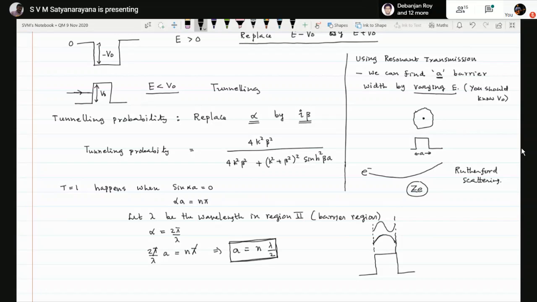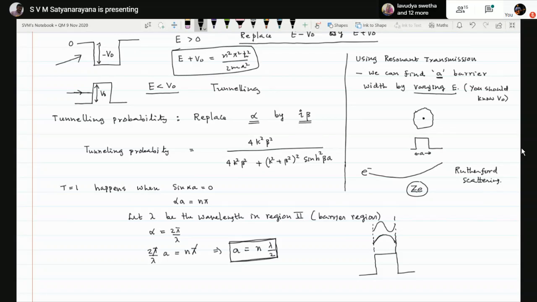Suppose you have this kind of situation. Then your E plus V naught is equal to n squared pi squared h bar squared by twice m a squared. That's what I said: wherever E minus V naught appears, you put E plus V naught.